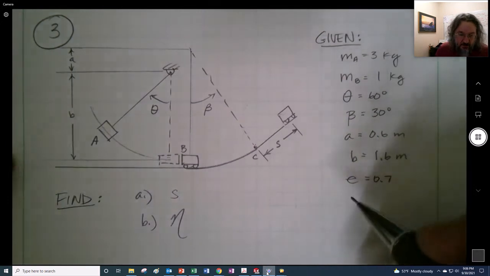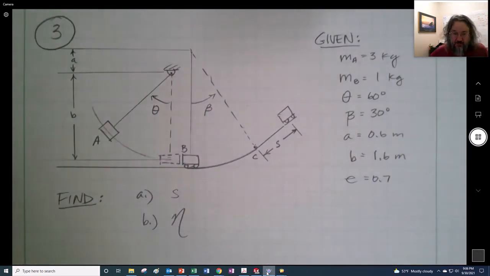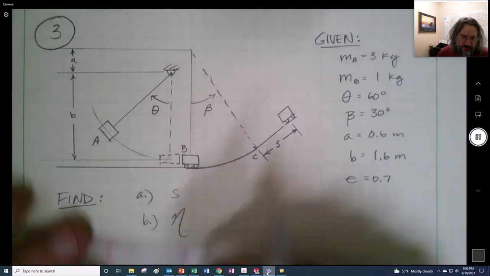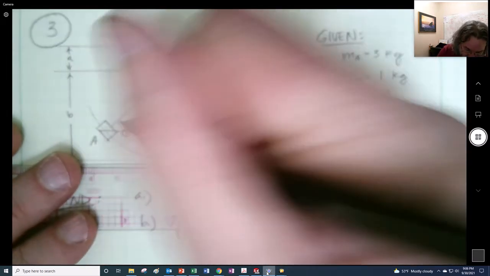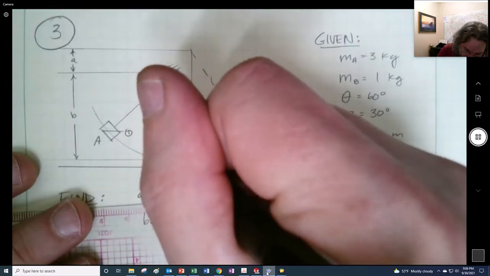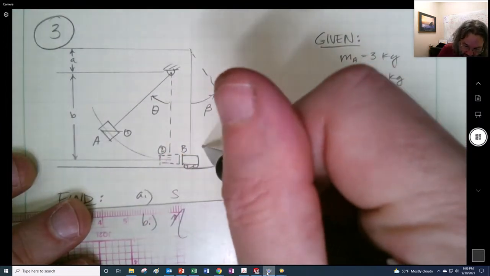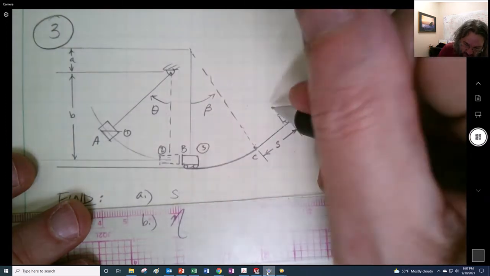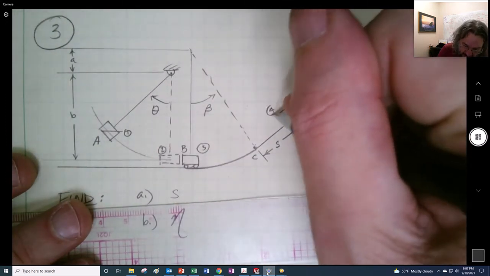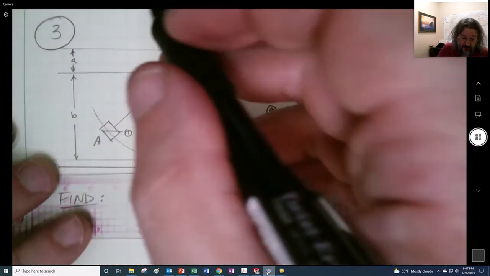What I decided to do was break this up into 4 stages. Right here is state 1. Here is state 2, just before impact. State 3 is just after impact. And state 4 is right there.